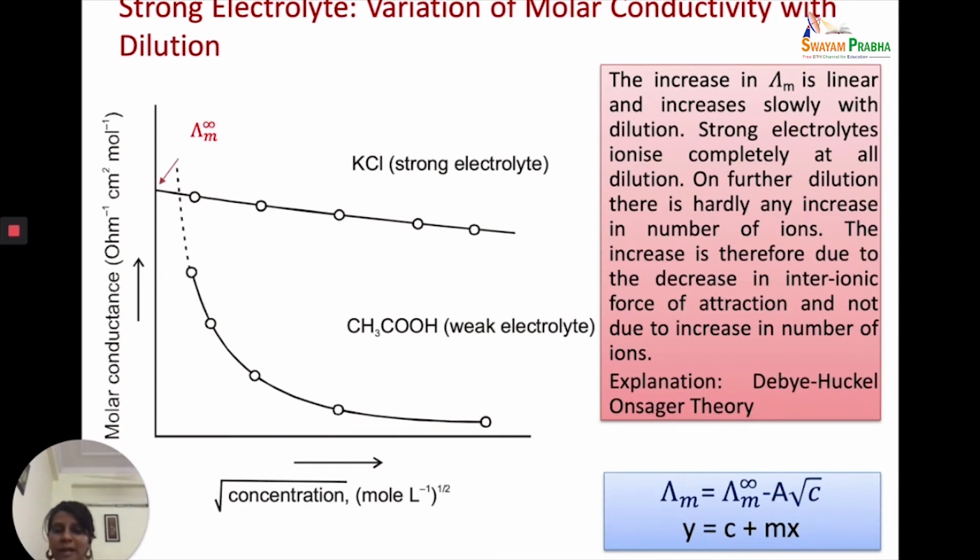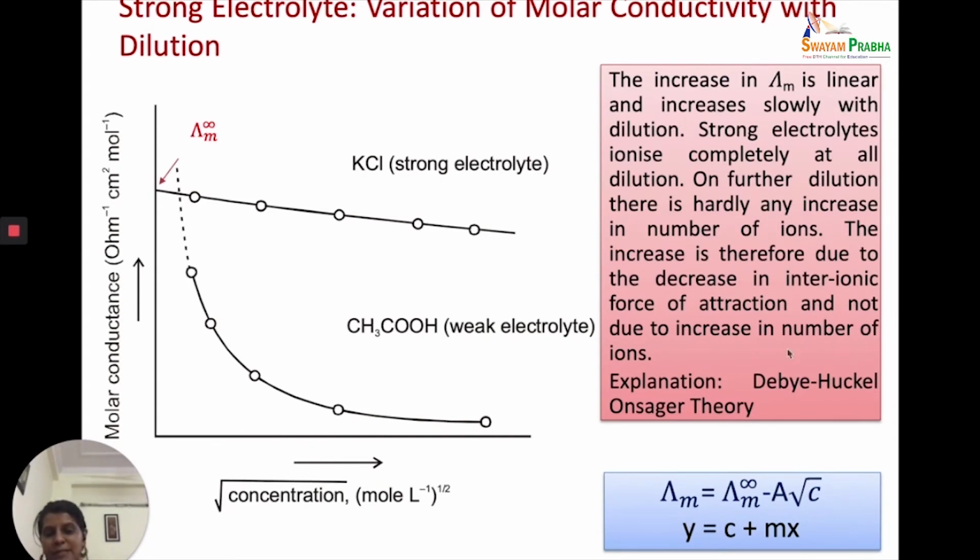The only factor that will come into being when you dilute is that the ions have moved farther apart and there is a decrease in the interionic forces of attraction. So because of that, there is a slight increase in molar conductivity. So kappa decreased, volume increased, leading to the increase in lambda m. And this is because of the decrease in the interionic forces of attraction.